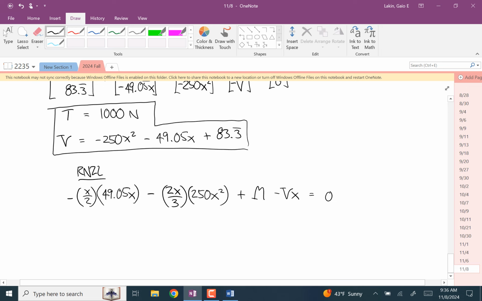And so we have M is equal to V times x plus 166.6 repeating x cubed plus 24.525x squared.